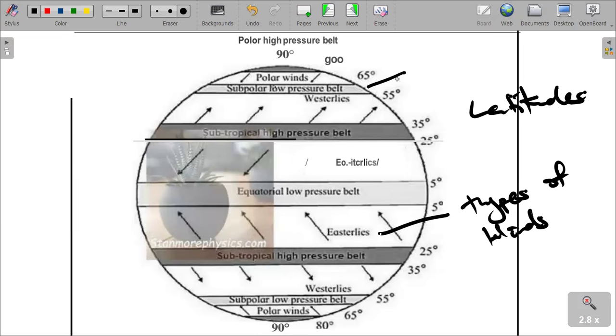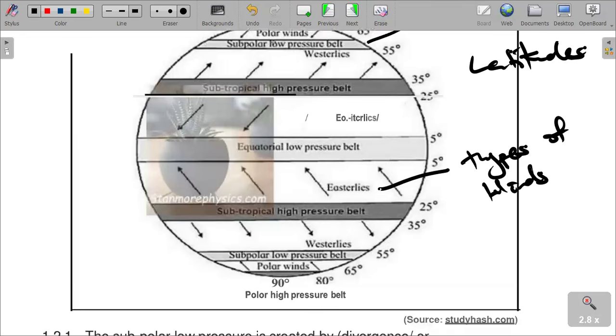You need to know the type of pressure belt that is found there. The subtropical high pressure belt is between 25 to 30. Even in map work, you are given these pressure belts and you need to be able to label them. To make it easy, you must always understand that the equatorial low pressure belt is always at the 5 degrees latitudes.